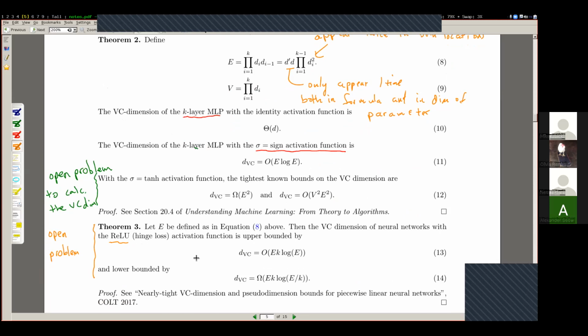These theorems are admittedly extremely complicated to sit down and read, and we're certainly not going over the proofs. This bottom one, theorem 3, published in 2017, a fairly recent discovery, gives the bounds on the VC dimension of a ReLU neural network. In class we'll almost certainly be talking about ReLU neural networks since they're the most popular, so this is the most important theorem to work with.